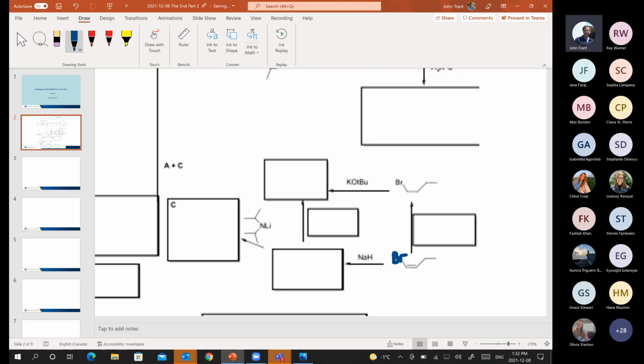Okay, thanks guys. Number 43 on the exam. I like this question because it sums up so much of the chemistry we've covered in the class. So this is essentially going to make a triple bond.